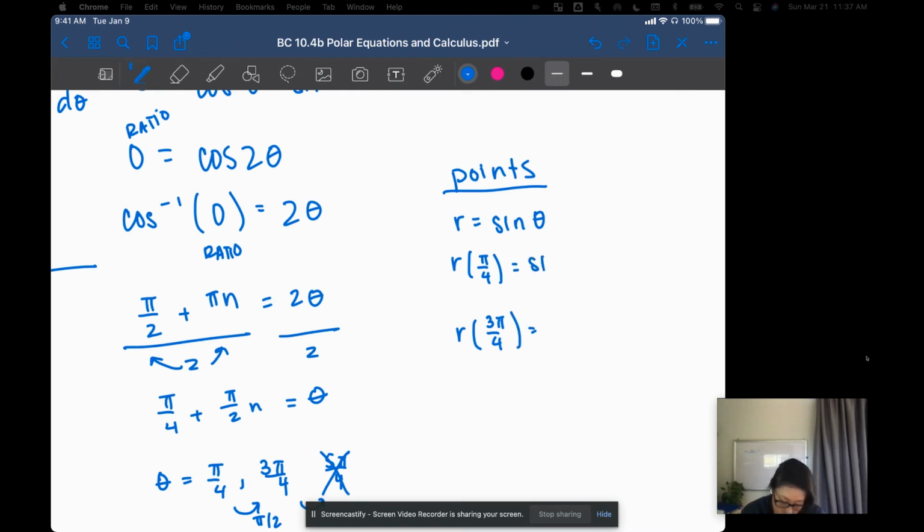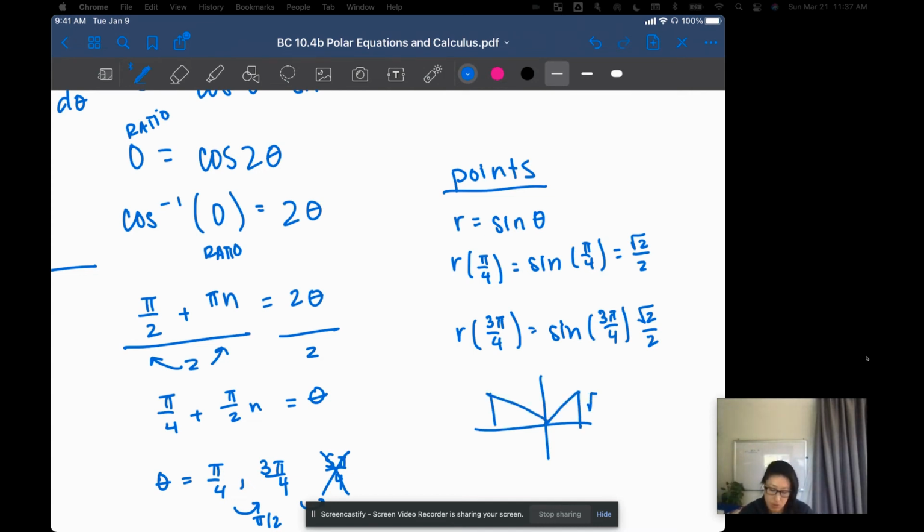So sine of pi over 4 and sine of 3 pi over 4. The sine of pi over 4 is root 2 over 2, and the sine of 3 pi over 4 is root 2 over 2, because these are 45-degree angles in the first and the second quadrant, so root 2 over 2.